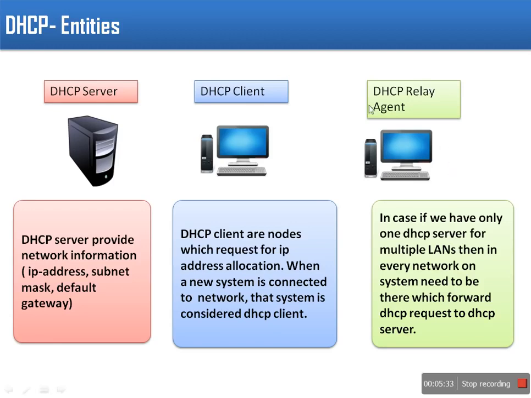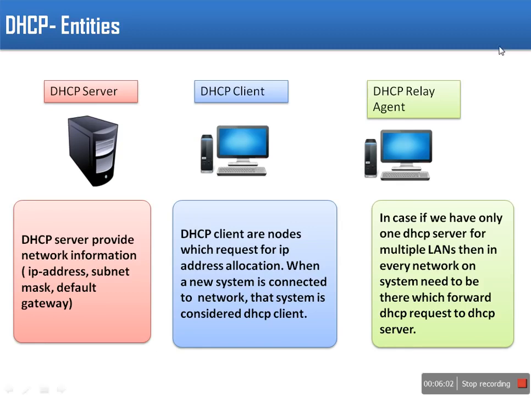So in every LAN there will be an agent known as the DHCP relay agent. What is the role of this agent? In case the DHCP server is not in the current local area network, this machine will forward the request to the DHCP server in another LAN.